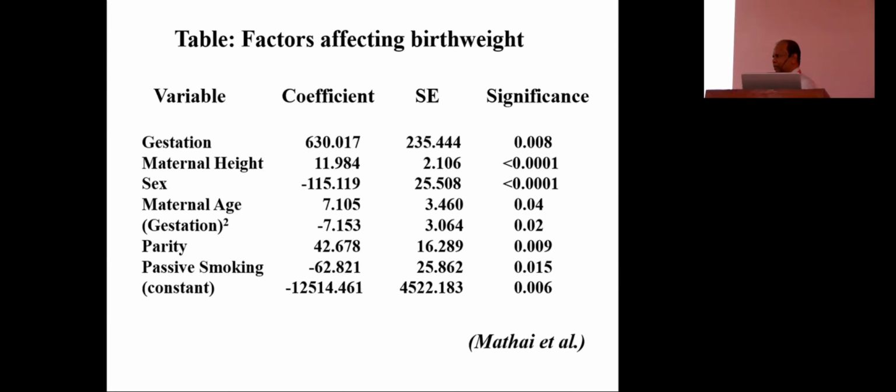So if you do the correlations, both will go together. The correlation will be highly significant, almost one. So why should we have gestation and gestation square in the analysis? It introduces multicollinearity. Why should we have GA and GA square?